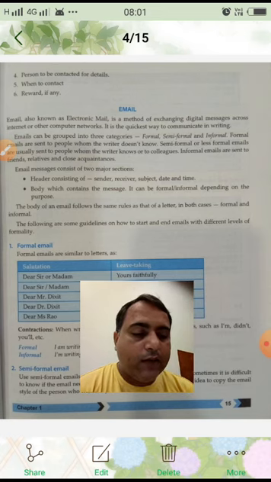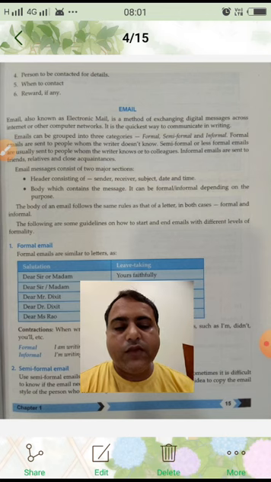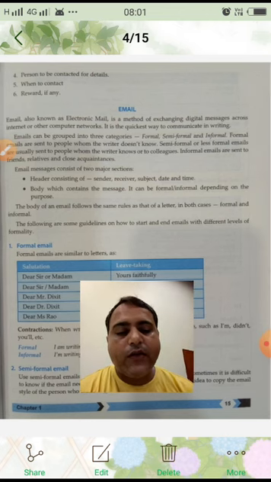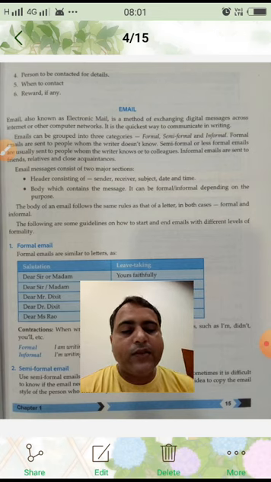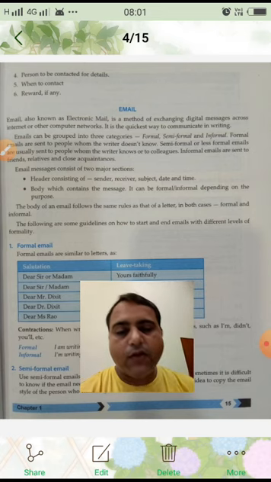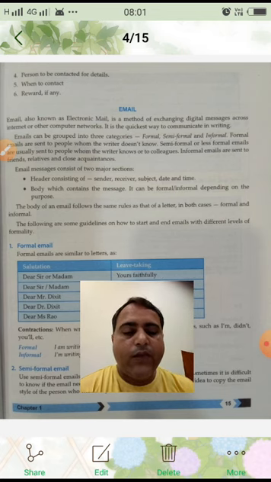Then semi-formal or less formal emails are usually sent to the people whom the writer knows or to their own colleagues. Then informal emails are sent to our friends or relatives or close acquaintances, that is, those people who are very close to us. We are well familiar with them.